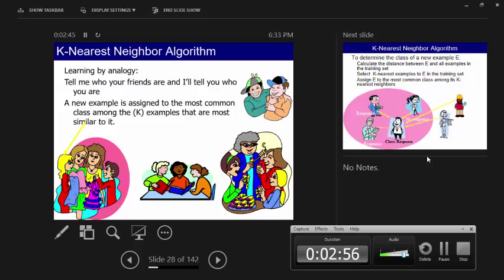So distance can be measured by the interest. If two members have the same interest, then they can be in the same group, highly likely, right?